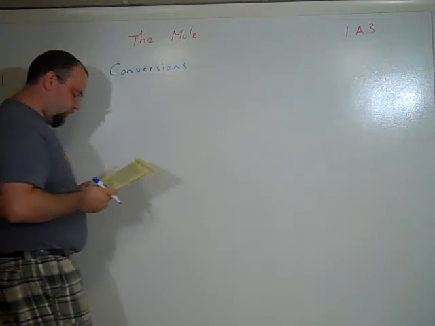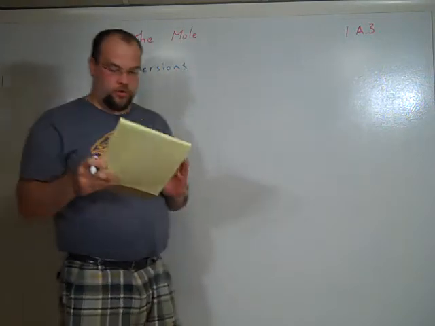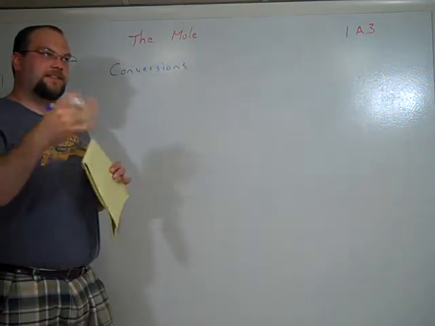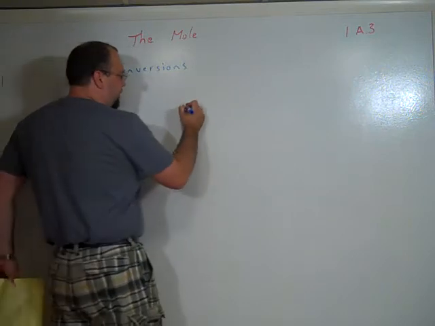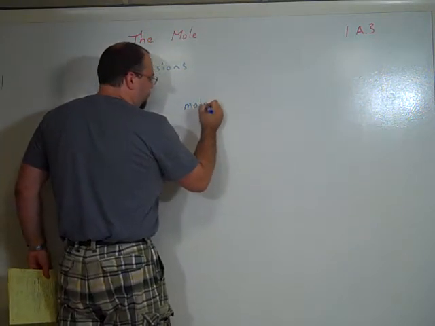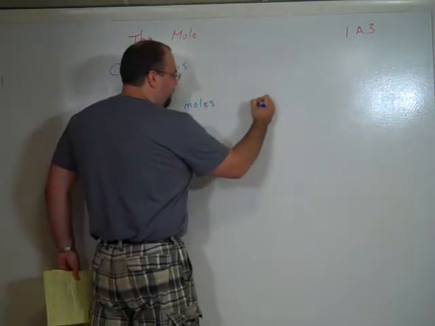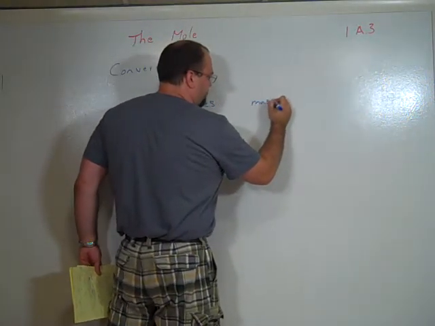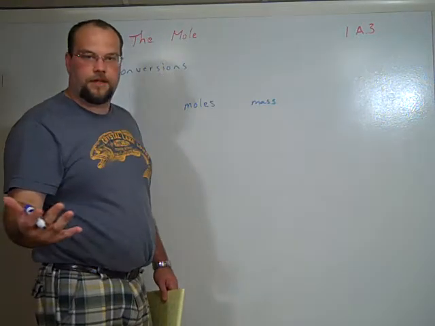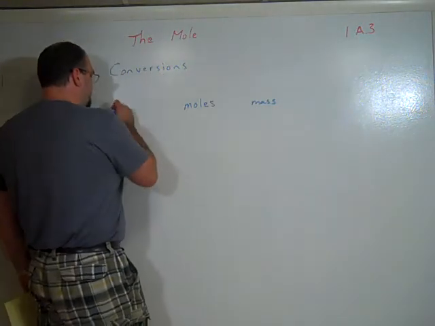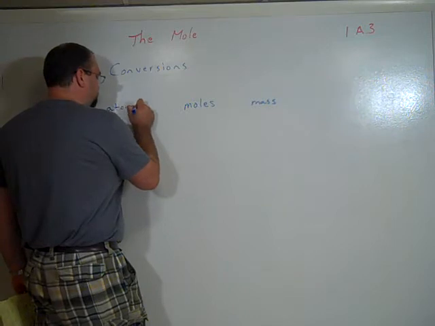Okay. So the reason we have moles is it's kind of like a stepping stone. If we think about moles, moles would be in the middle. On one side of moles, we would have the mass of a substance, so let's say we have 5 grams of something. Moles would be in the middle, and atoms would be over here.